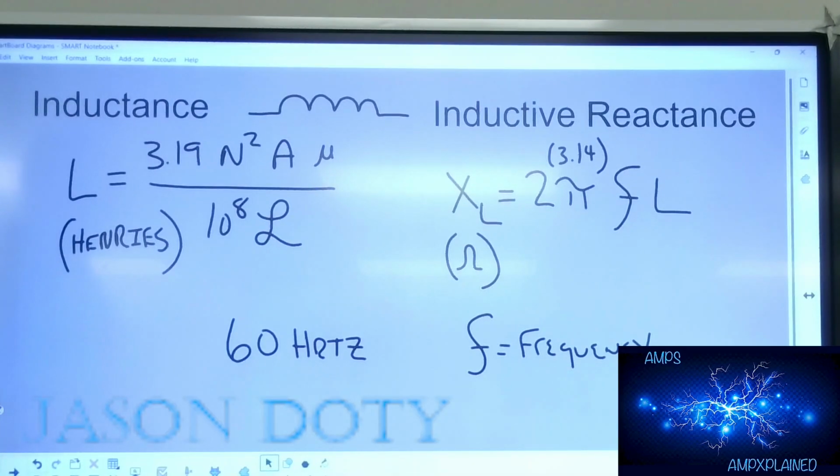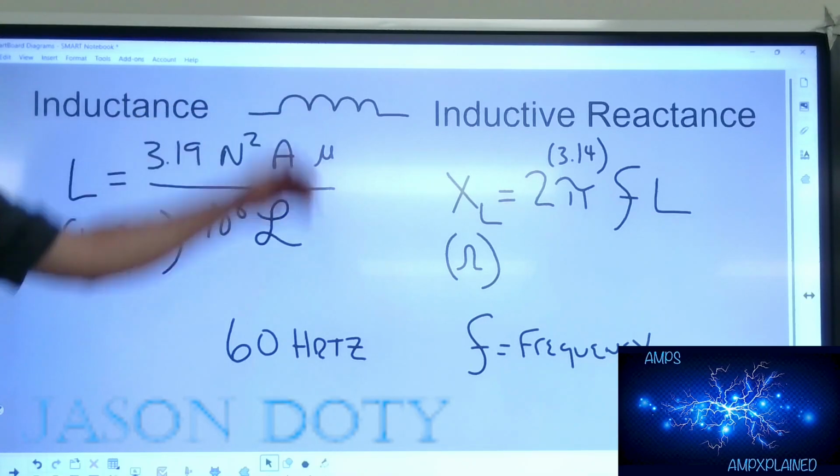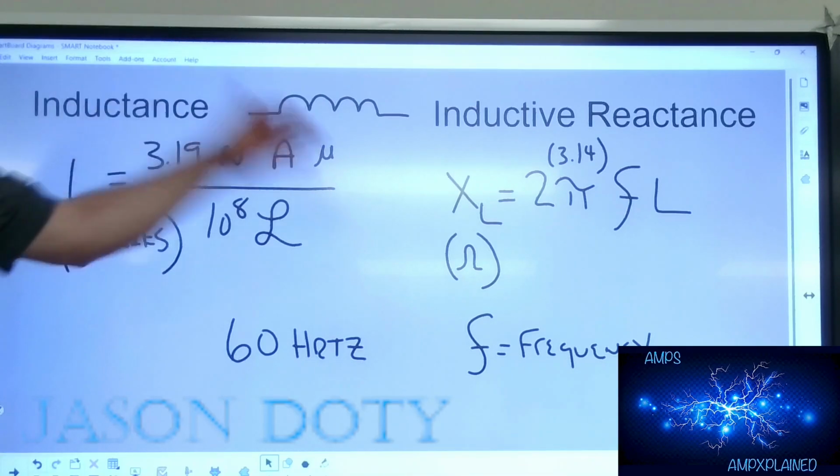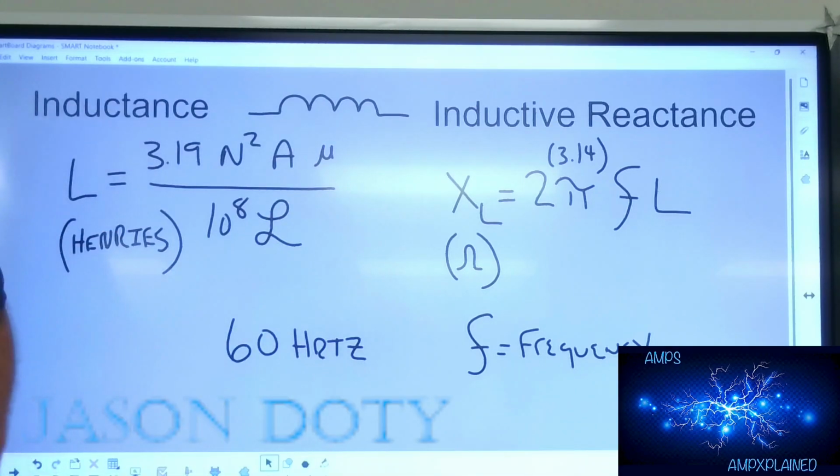The other thing it tells us is that in a DC circuit with a coil or an inductor, there is no inductive reactance, because in a DC circuit, we don't have frequency. It's all or nothing when it comes to power. Much, much different when we're talking about AC sine waves.